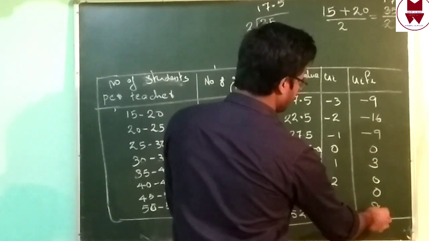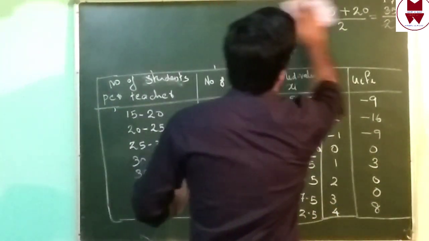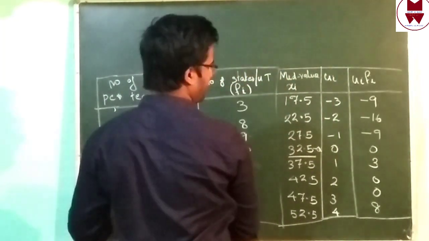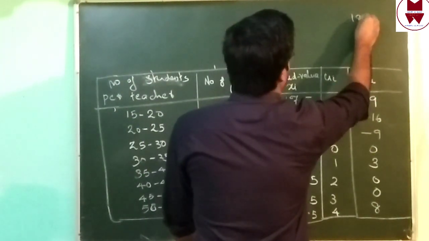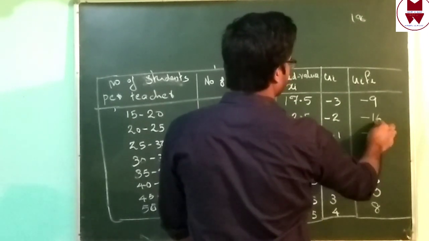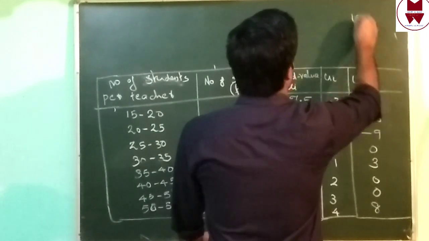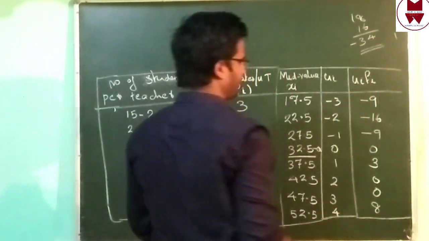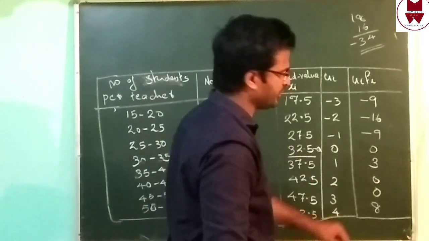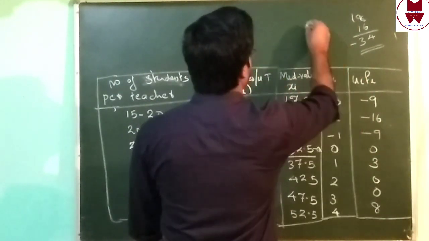Then in here, what you will get? First we will add negative numbers. We can add only negative numbers, that is 9 plus 9, 18. Then plus 16 also. Then 4 remainder 1, 1 plus 1, 2 plus 1, 3. Minus 34. Then after add positive numbers. Positive numbers means 3 and 8. 3 plus 8, 11 you will get, isn't it?